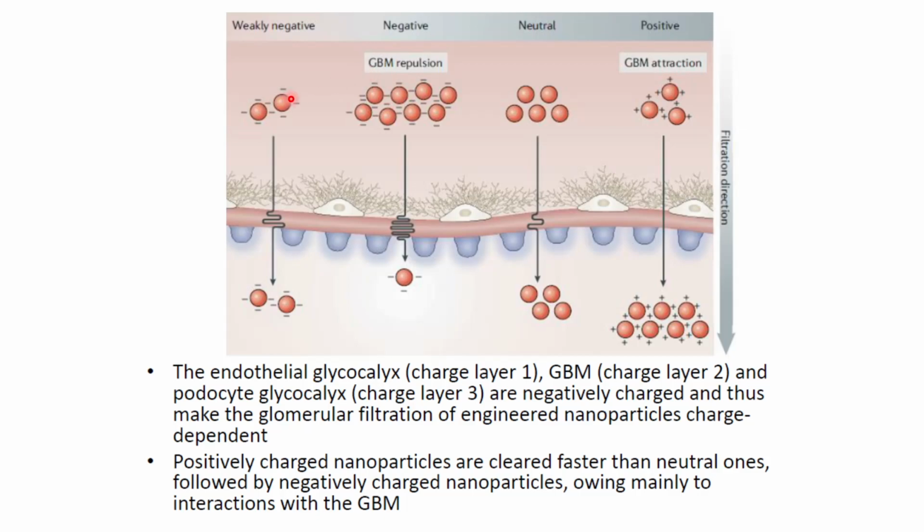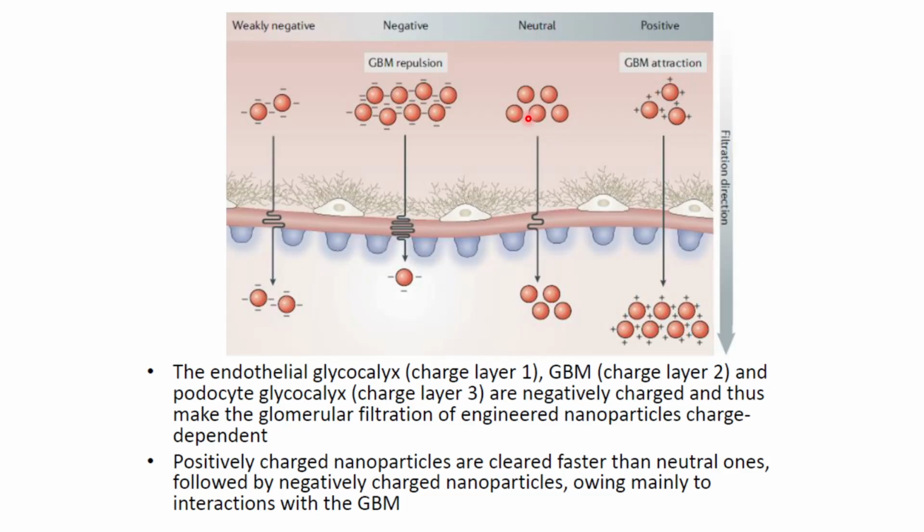If you have a weak negative charge, there'll be some clearance happening here. On the other hand, if you have a highly positively charged particle, it will be attracted towards this negative charge, and if it is of a smaller size, in between 2 to 6 nanometer, it will immediately be cleared out. So if your particle is positively charged, it is going to have a very high rate of clearance.